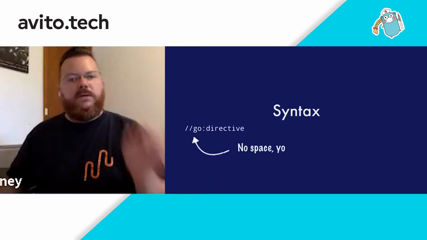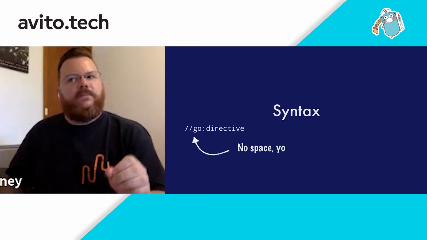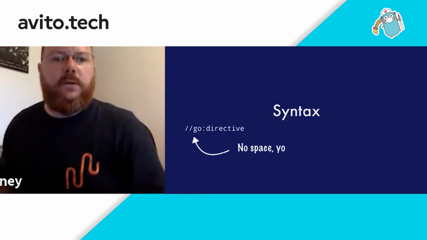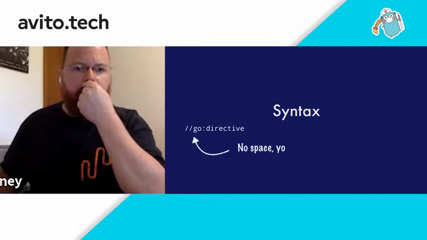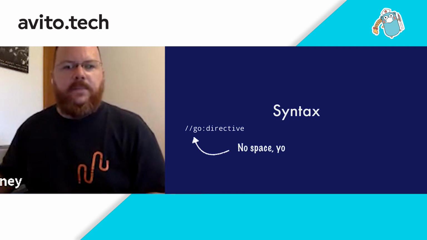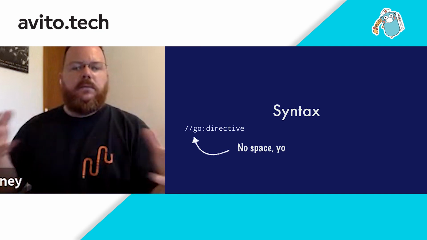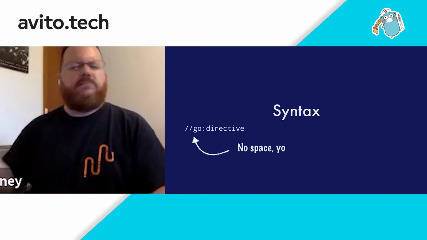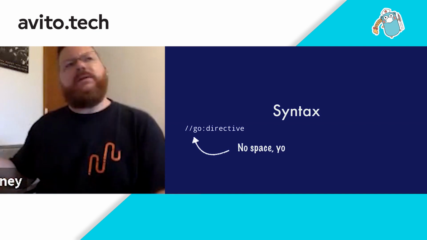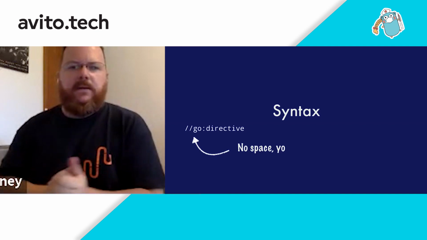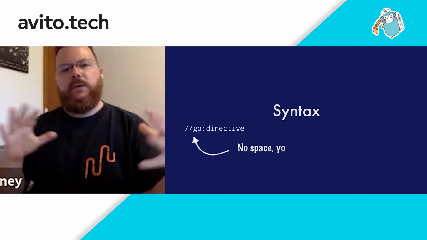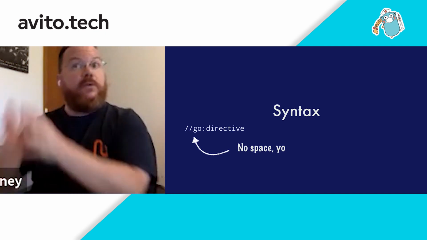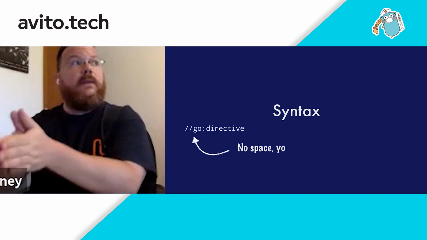It's also important to notice that there is no space between the two slashes which start a comment and the actual go keyword. This is partly an accident of history. The person who first implemented this just chose not to have a space there. It also makes it less likely to conflict with a regular comment, which does have a space in that position.